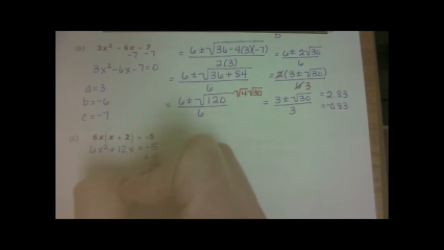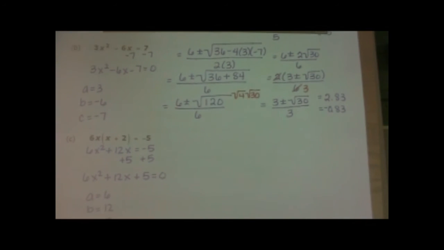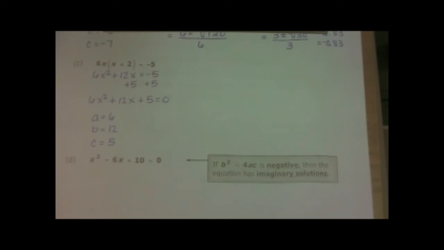So add 5 to both sides because you need to have 0 on one side for this to work. And you get 6x squared plus 12x plus 5 equals 0. Now I know that A is 6, B is 12, C is 5. So let's go ahead and we'll go through this particular example.